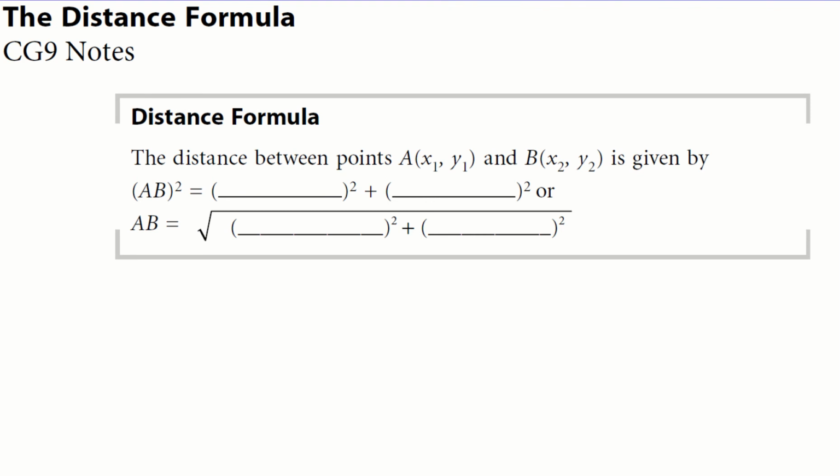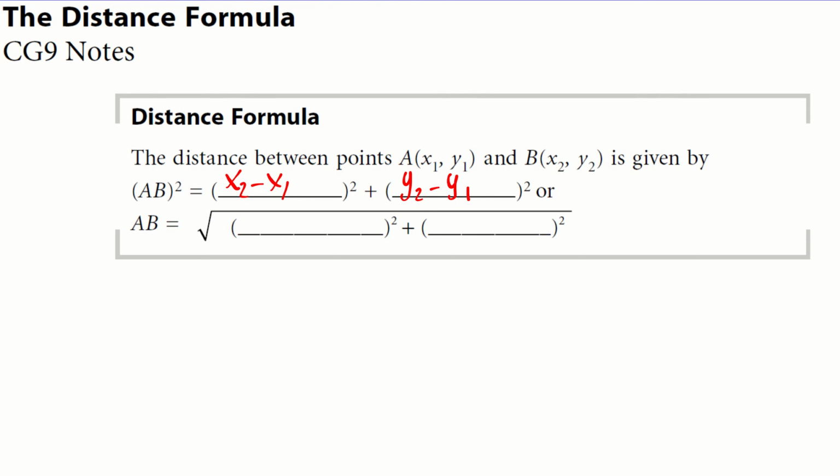So here we go. To find the distance between two points A and B, first we're going to find the distance between the x coordinates. So we'll go (x sub 2 minus x sub 1) quantity squared, plus the difference of the y coordinates, (y sub 2 minus y sub 1) squared, and then add those up.